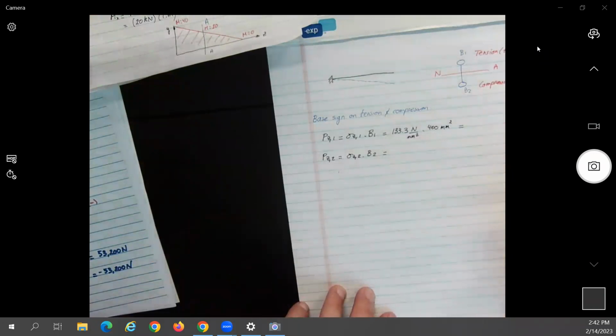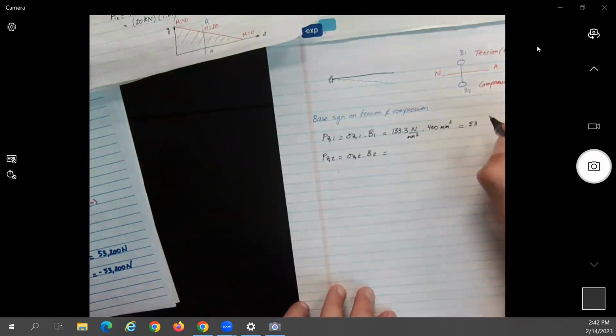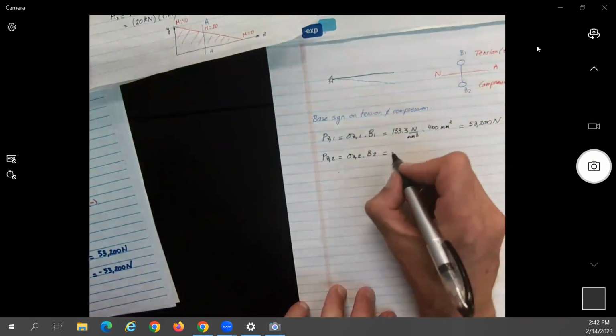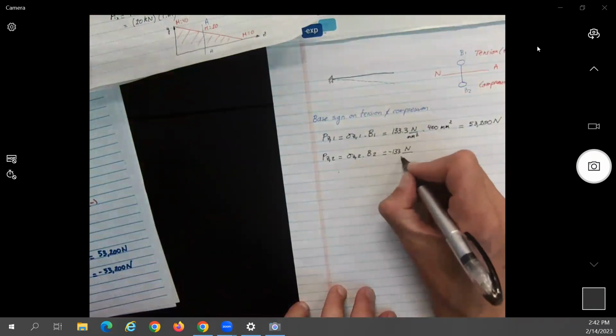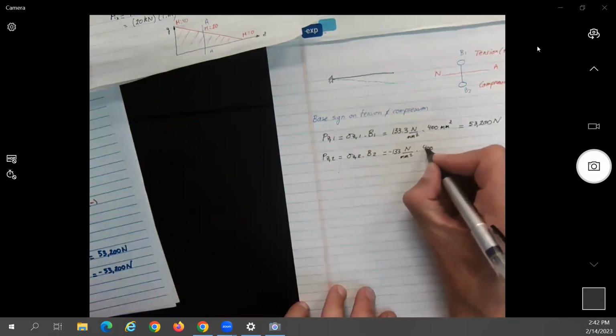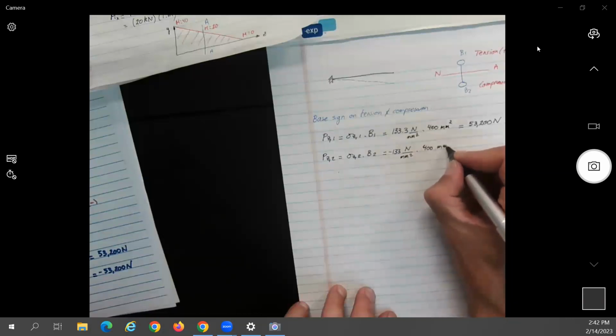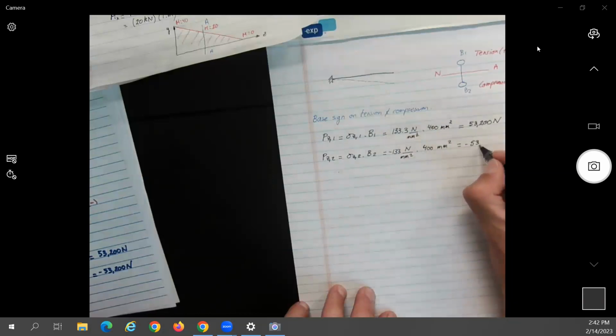So if you do this calculation, this is going to give you 53,200 newtons. We do the same thing for the PZ2. Usually this would be minus 53,200 newtons.